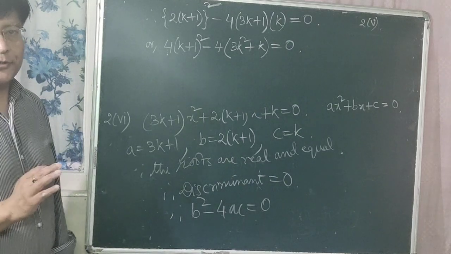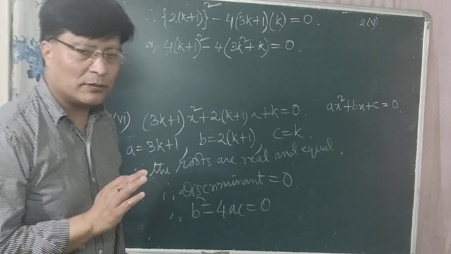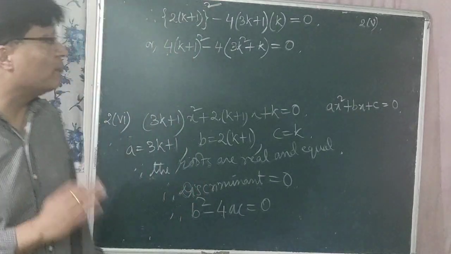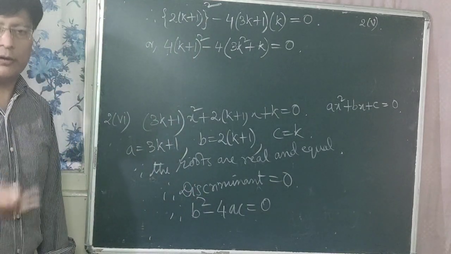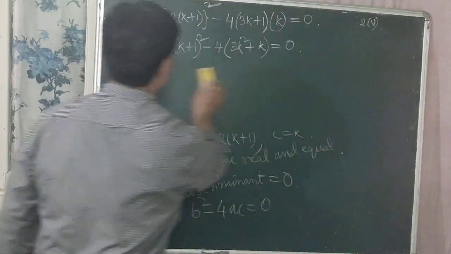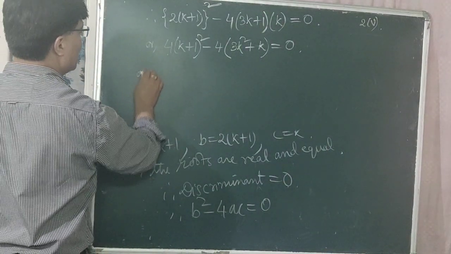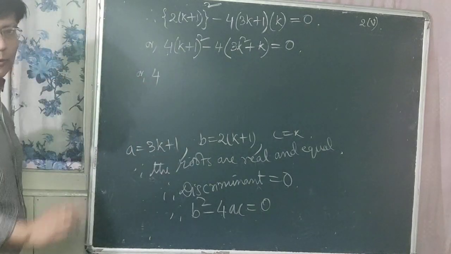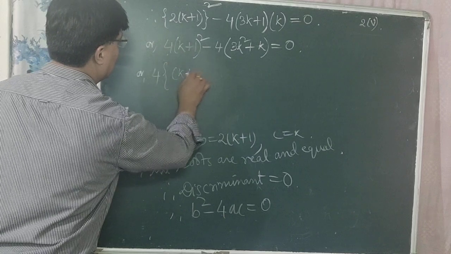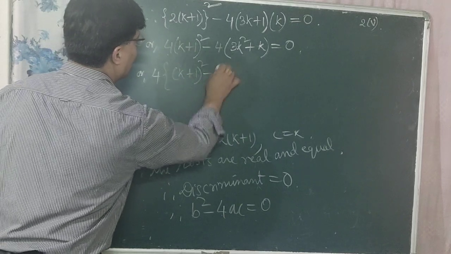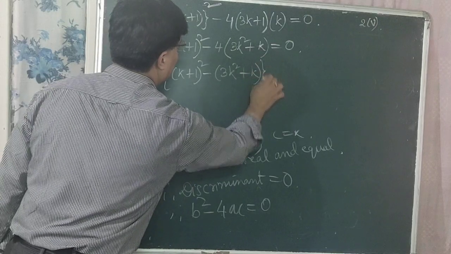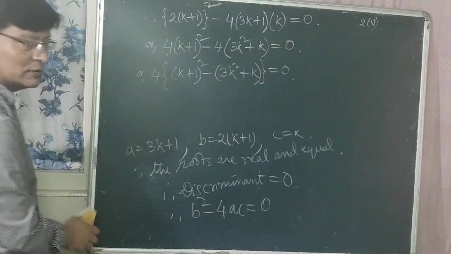So in an equation, if there is a common factor, you take it common, because it will be easier for you to simplify the expression or equation, right? So let us take common. What is common here? 4. So within the second bracket, (k plus 1) whole square minus (3k square plus k), second bracket closed, is equal to 0.